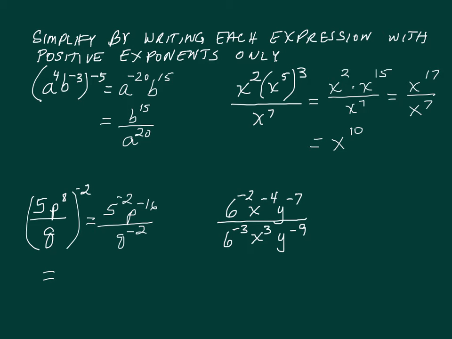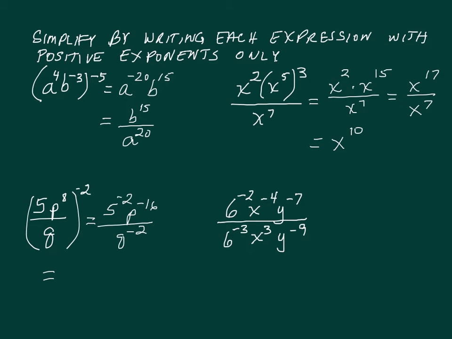So what happens? Everything has a negative exponent. The 5 has a negative exponent, the P has a negative exponent, and the Q has a negative exponent. So all of those things have to change their location. If they're in the attic, move them to the basement. If they're in the basement, move up to the attic and change the sign of the exponent.